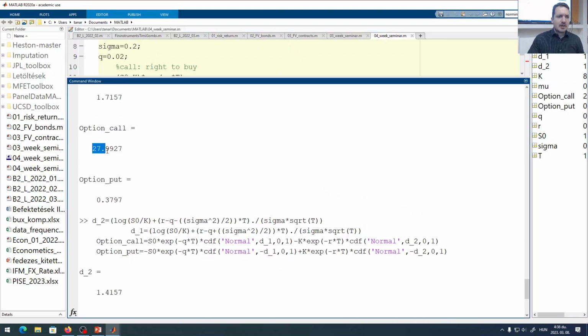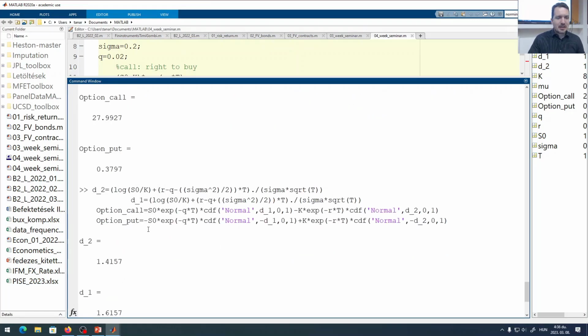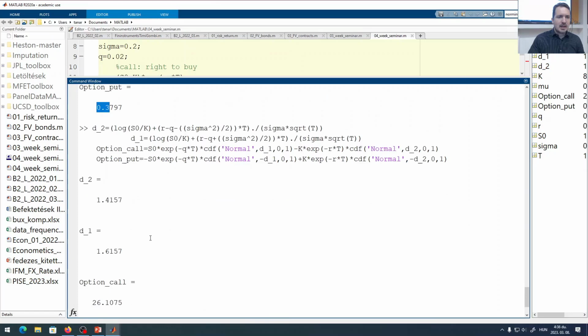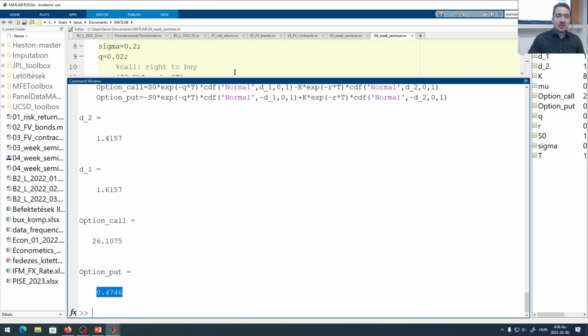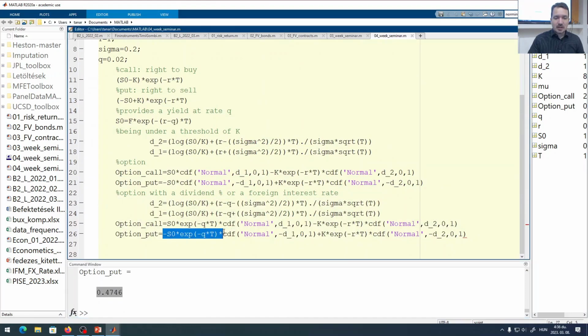Yeah, it was 27.9 and now it's just 26. So we lost some value because of the division and also of the difference. And 0.38, this one is growing. Why? Because obviously it's upside down, so this one is negative, so it's really happy, and this one is just there.